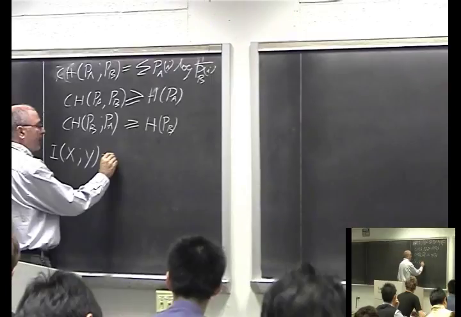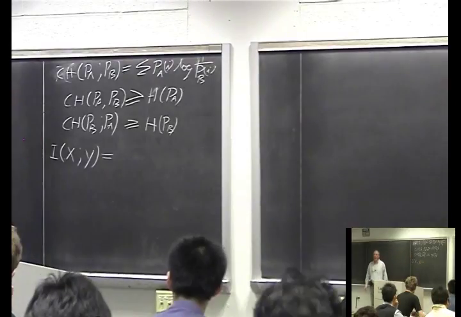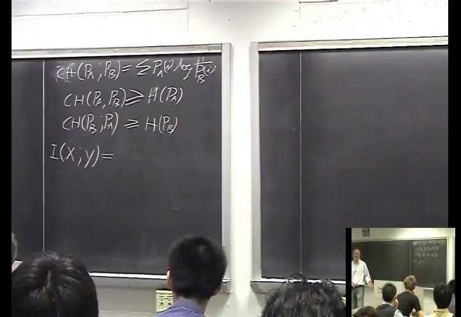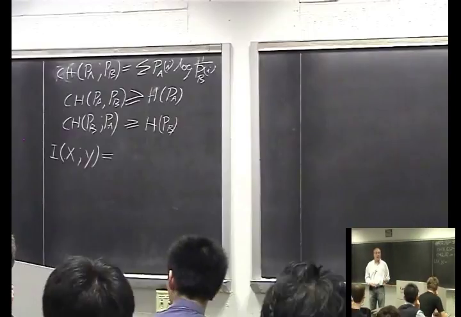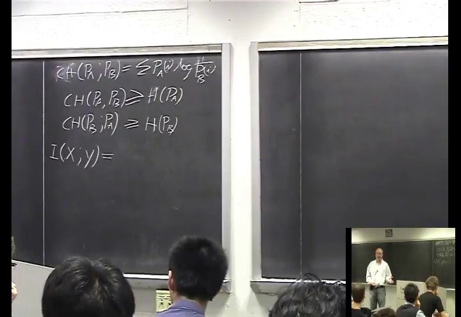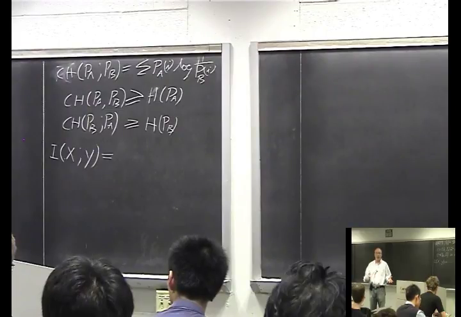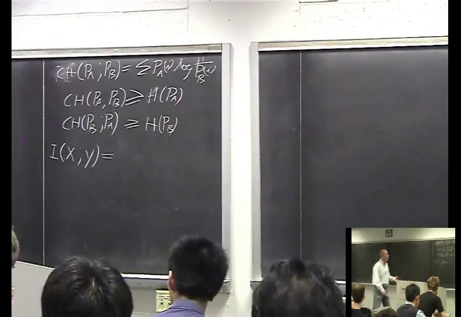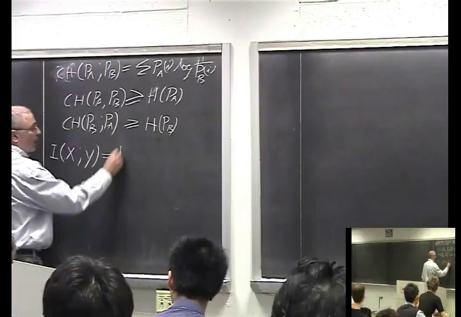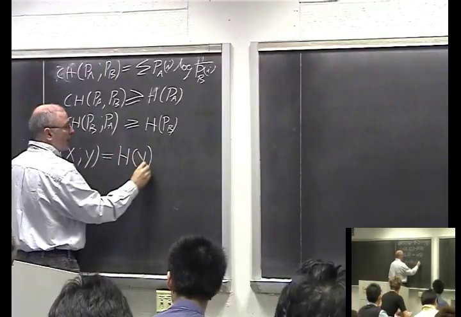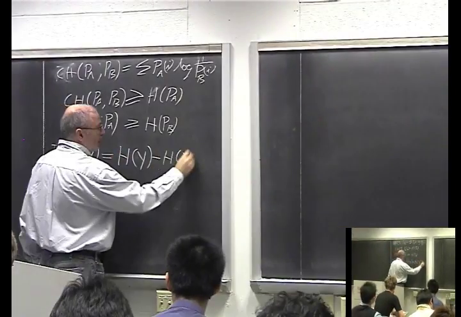First, it's defined as the difference between how much information X tells you about Y, which can be written as the difference between the entropy of Y by itself and the entropy of Y under conditions when X is always known. So that would be entropy of Y minus entropy of Y given X.